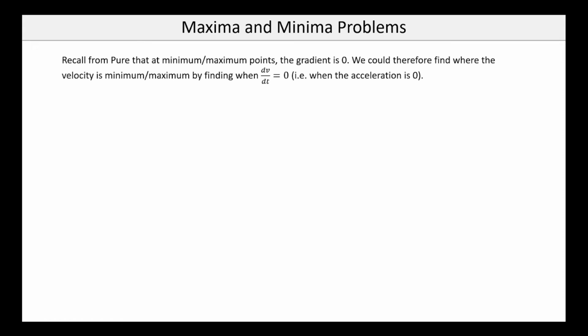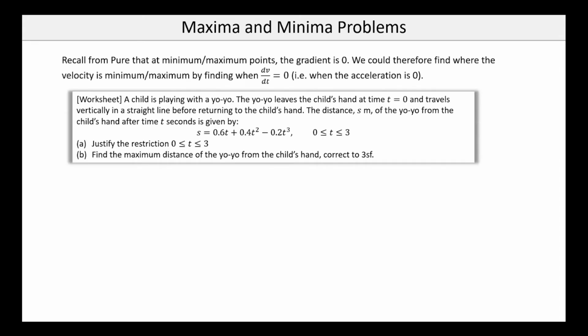So today we're going to look at maxima and minima problems. Really, this is applying differentiation that you've come across in pure maths to our functions of time. We can differentiate not only to go from one variable to the next, but to find the maximum value of any particular variable.